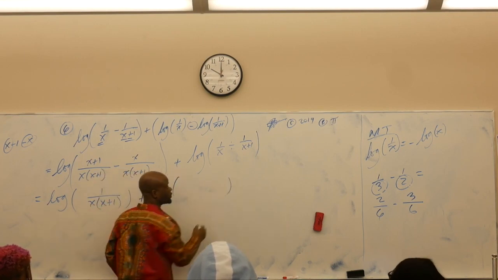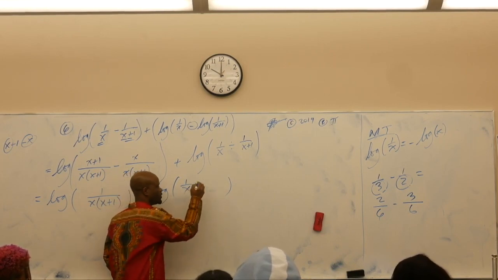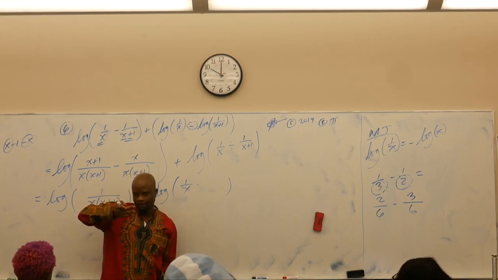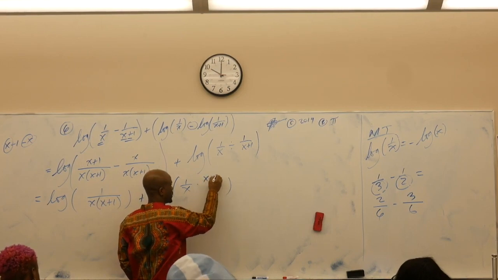So on this end, whenever we divide fractions, we keep the first, we change the sign, and what do we do with the next? Flip it, right? Or you leave the signs and cross multiply, either way.